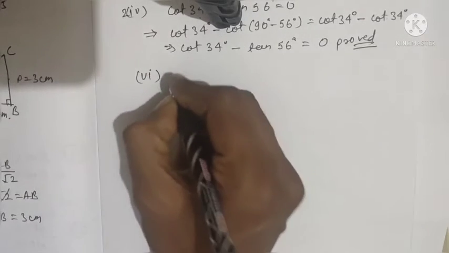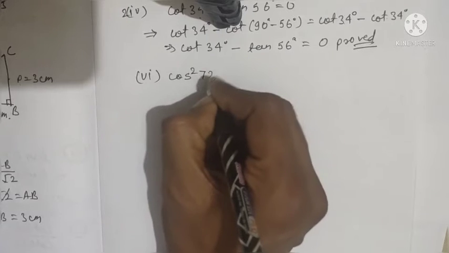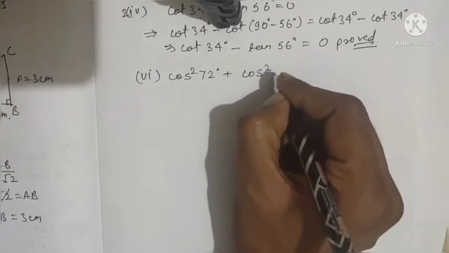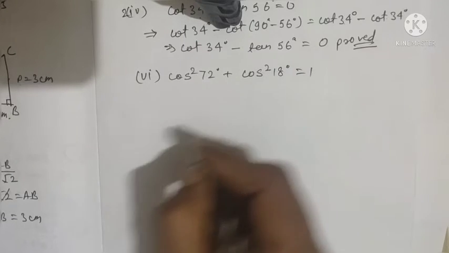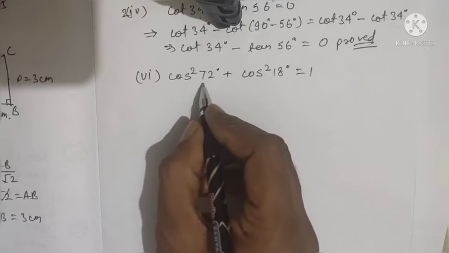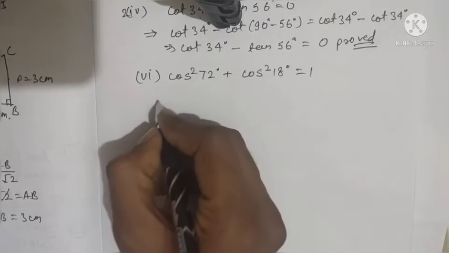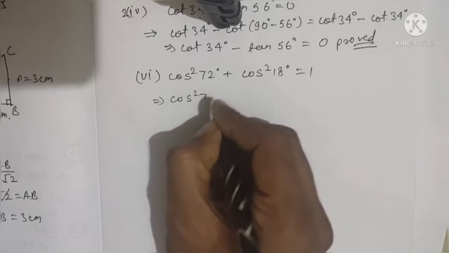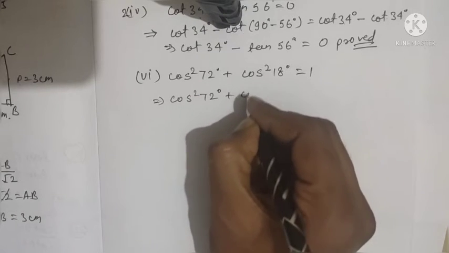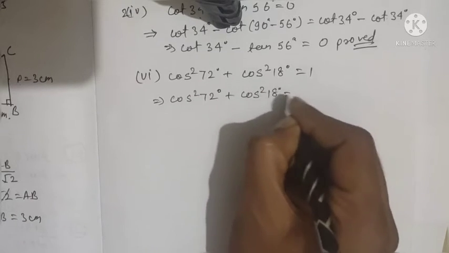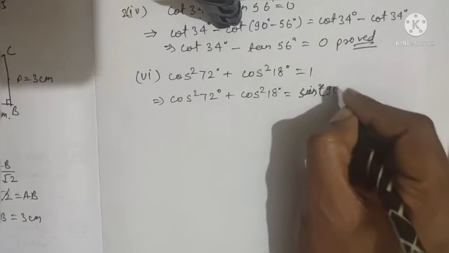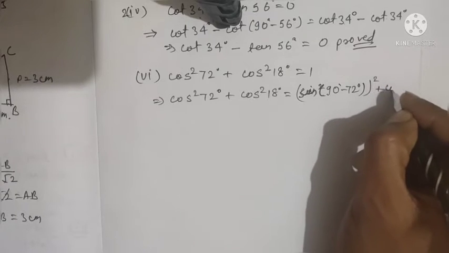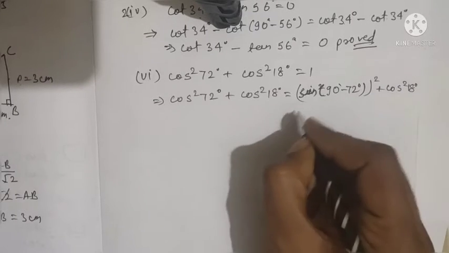Now question number 6. Question number 6 is cos square 72 degree plus cos square 18 degree is equal to 1. As we know that cos theta is equal to sin (90 minus theta), so cos square 72 degree plus cos square 18 degree will be equal to [sin (90 degree minus 72 degree)] whole square plus cos square 18 degree.